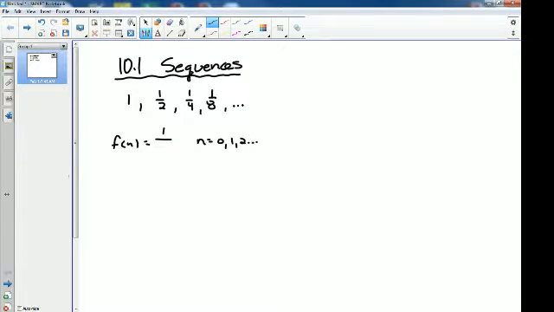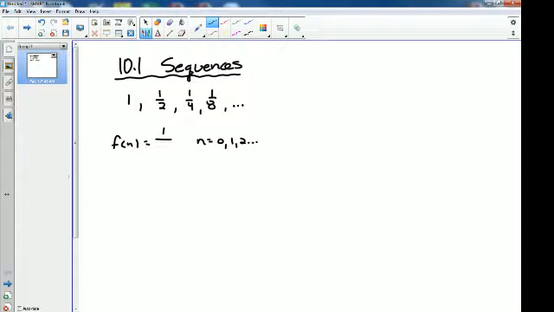How can I define the bottom? Is the third term 3 on the bottom? No, so n plus 1 doesn't work. n squared? 0 squared is 0.